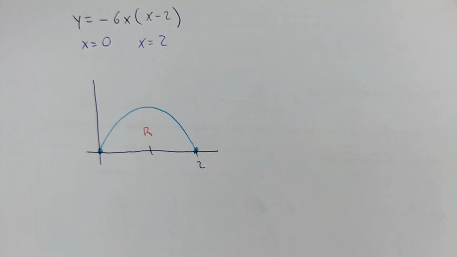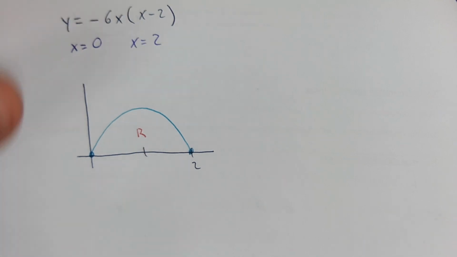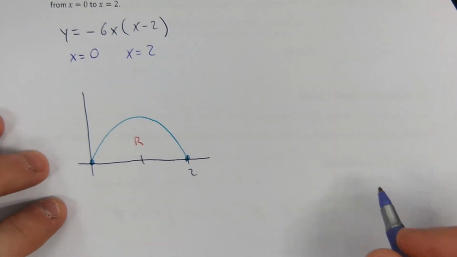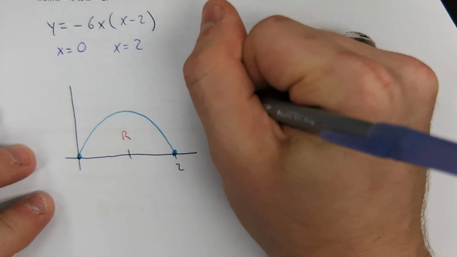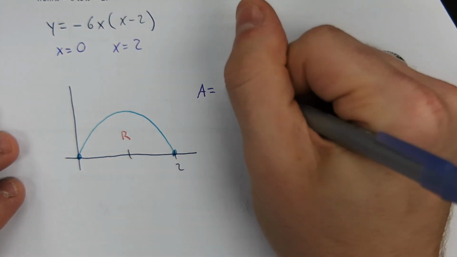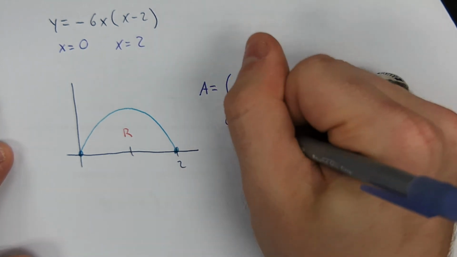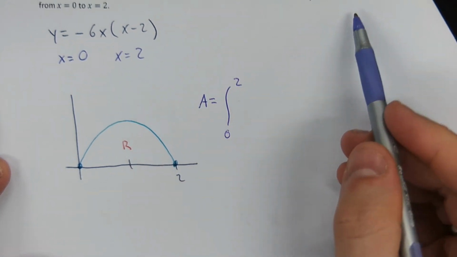So the area of our region, what color have I not used a whole lot today? Yellow's reserved just for canceling things because it's hard to see. The area will be the integral from 0 to 2 of your polynomial function.